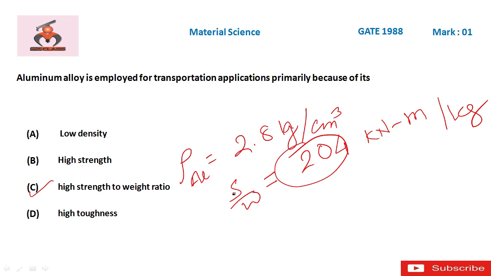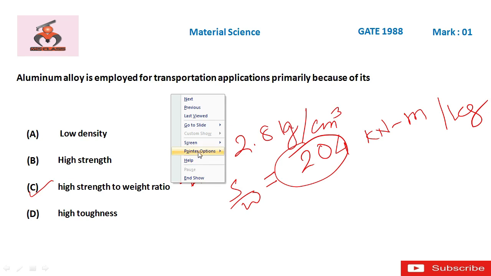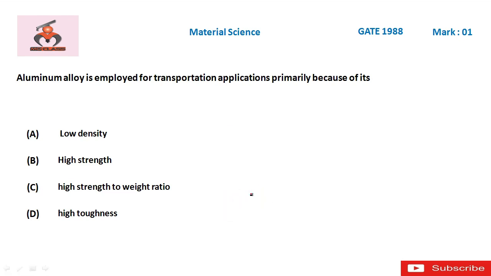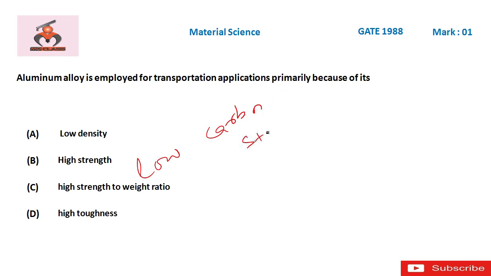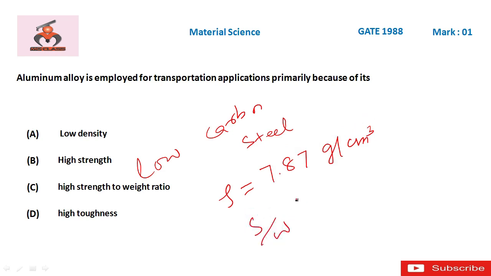If we see low carbon steel, the density is 7.87 gram per centimeter cube, and the strength to weight ratio is 46.4 kilonewton meter per kg.